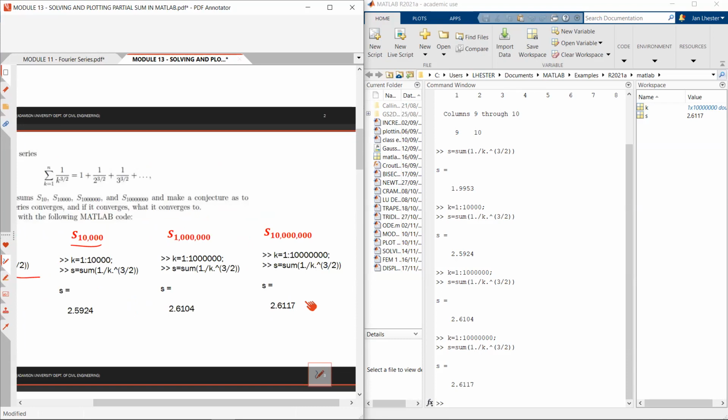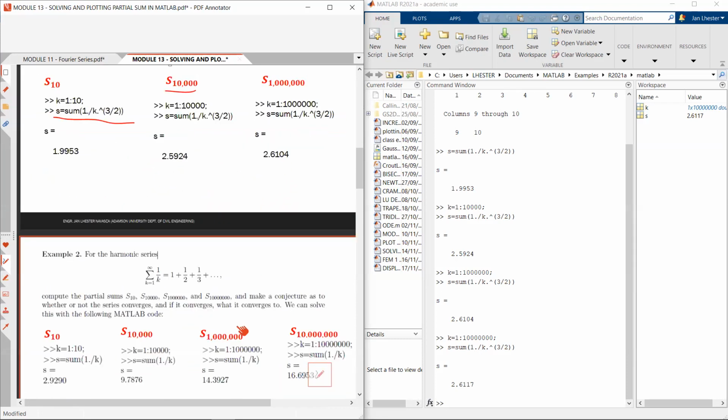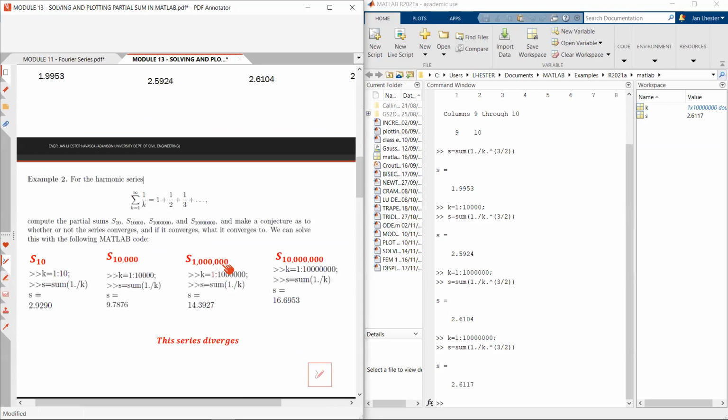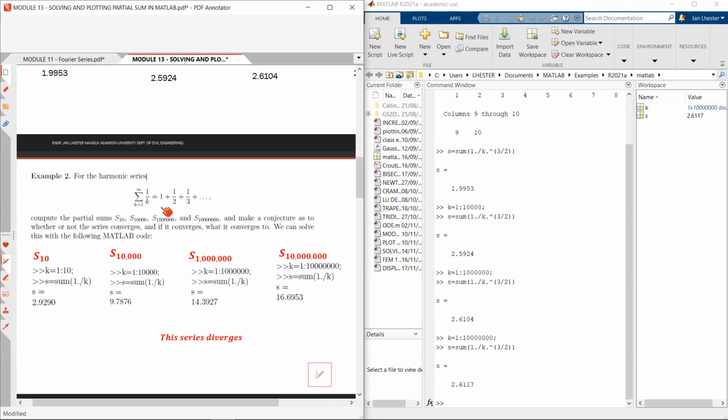Another example is the harmonic series of 1 over k. Taking the partial sum of 1 over k from k equals 1 to infinity, the expansion is 1 over 1, 1 over 2, 1 over 3, 1 over 4, up to 1 over infinity.